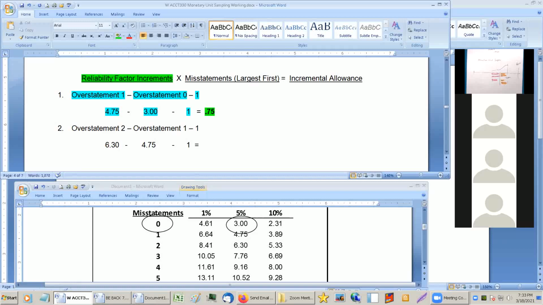That's 1.55. This would be so easy just to make an incremental table.